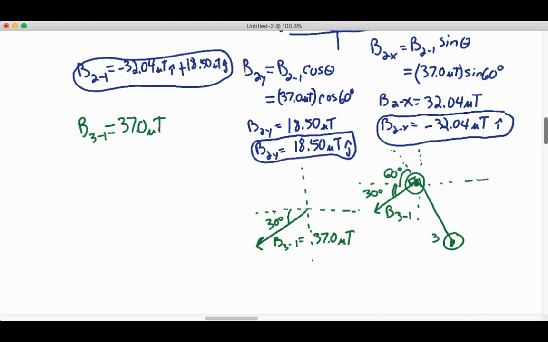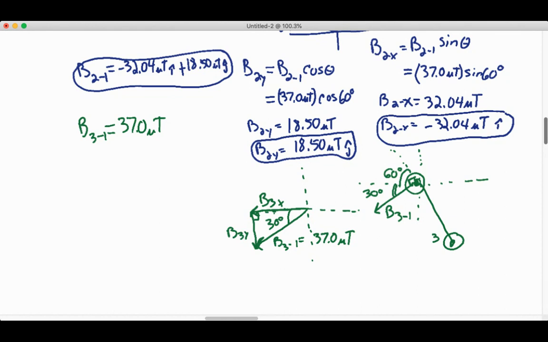So this guy has two components. This guy has a component going this way in the negative x direction. So call that B3x, and it's got a component going down this way. We're going to call it B3y. So we've got to do the same kind of thing and figure out what these components are.